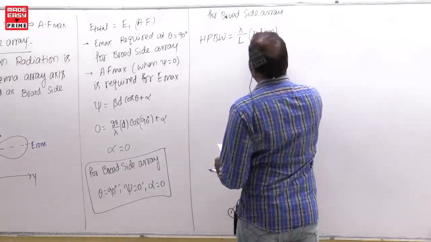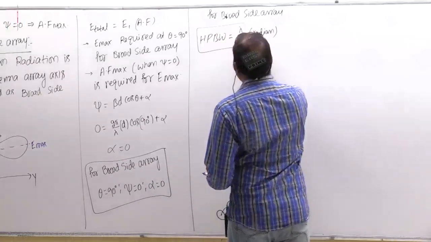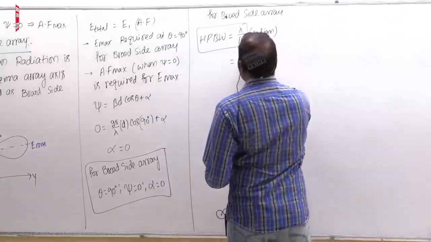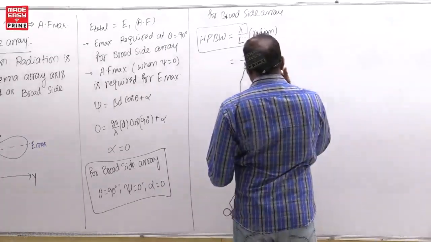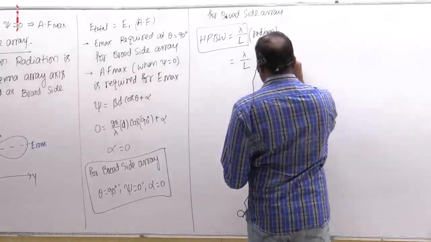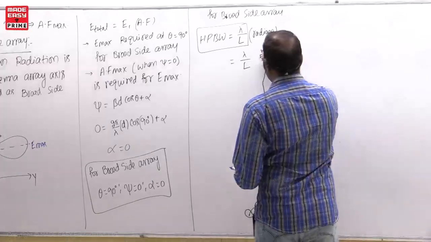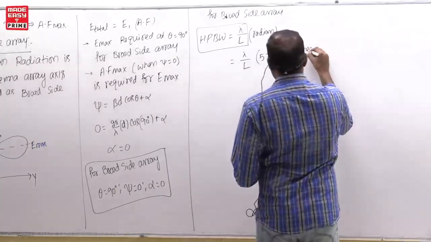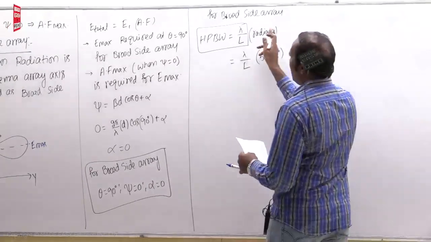If you want degrees, that is equal to lambda by L, then 1 radian is nothing but 57.3 degrees. Now you get in degrees actually. Okay, you remember this one, lambda by L.